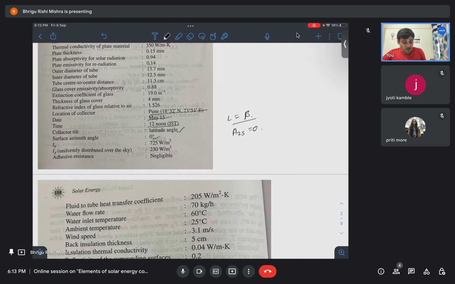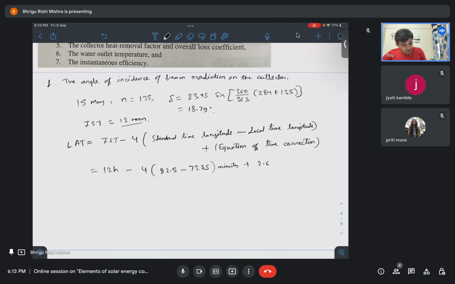Then the equation of time correction is 2.6 minutes, so the local apparent time comes to 11 hour 28 minutes. Now that we have the local apparent time, we can calculate omega.